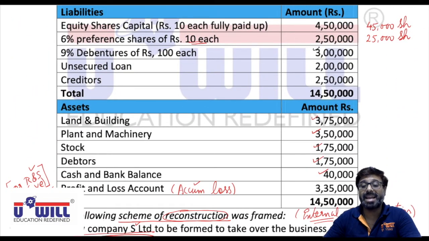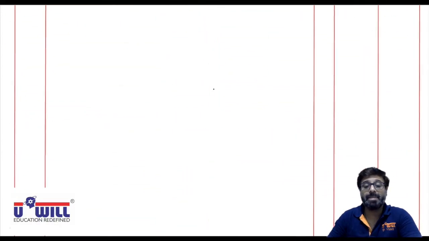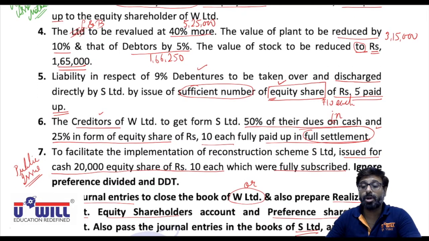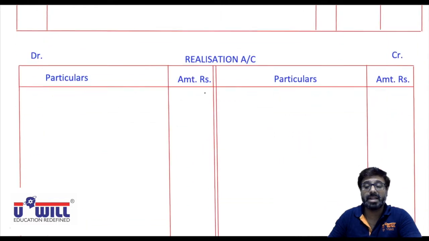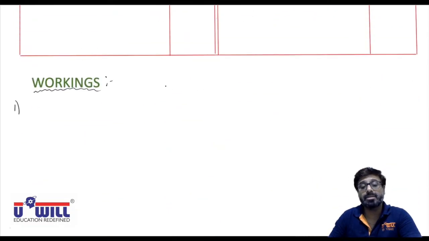You all can see 3 lakhs is the liability of debentures. The liability of 9% debentures is 3 lakhs, and we are going to give them equity shares at 5 paid up value. So we just need to find the number of equity shares for that. Otherwise, the agreed value is 3 lakhs itself.